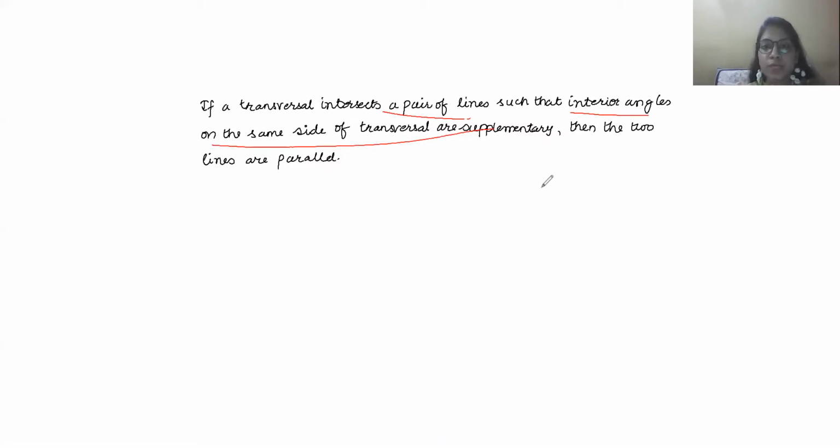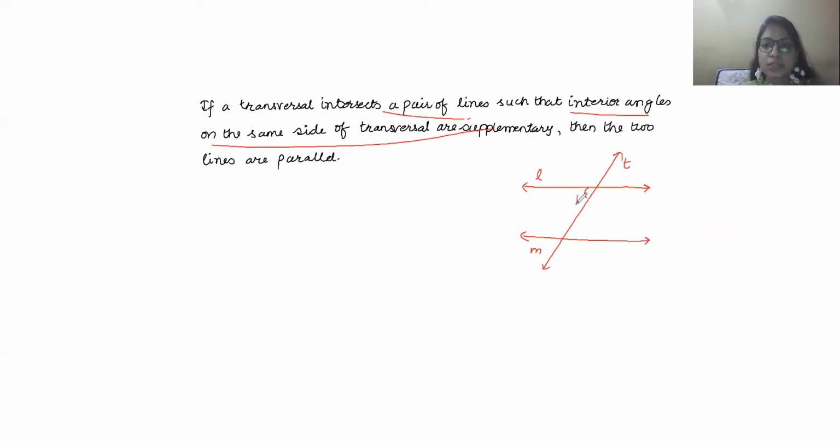So let's try to make a figure for this. Since we will prove that the lines are parallel, we'll make a pair of parallel lines. Let us consider these L and M, and consider that this pair of lines L and M is intersected by a transversal T. Now in the question they are saying that interior angles on the same side of the transversal are supplementary, a pair of interior angles.